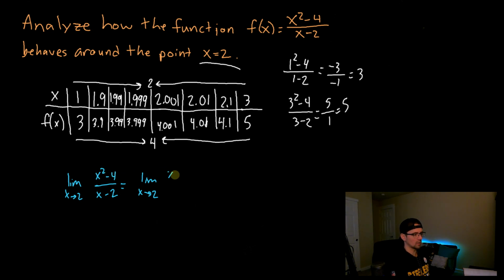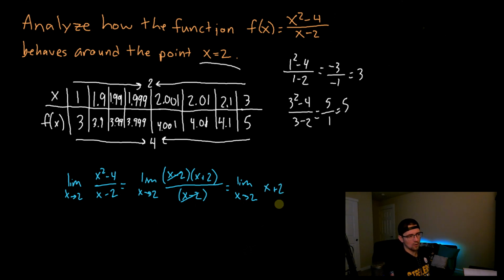So that would give us x minus 2 times x plus 2 all over x minus 2. In this case, the x minus 2 term on the bottom will cancel with the x minus 2 term on the top. So this should be equivalent to the limit as x approaches 2 of x plus 2.